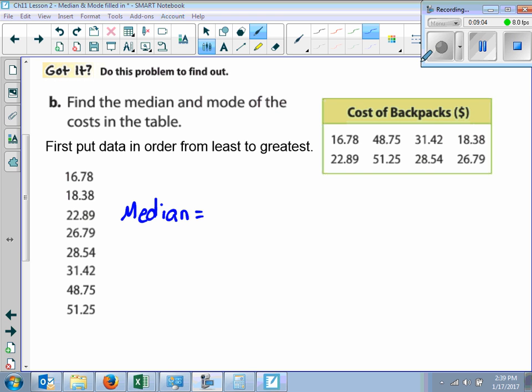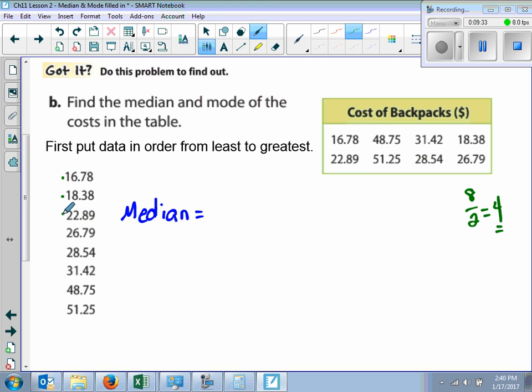To find the median, we have 8 numbers, so 8 divided by 2 gives me 4. Because we have an even number of data items in the set, we're going to have 2 middle numbers, and counting to the 4th number is going to give us the middle numbers.